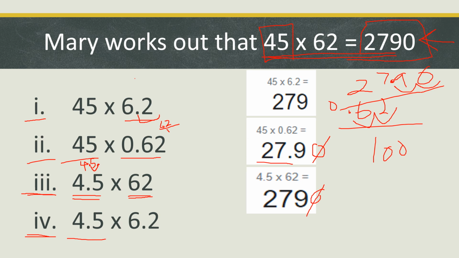4.5 multiplied by 6.2. So as you can see here, 4.5 has been divided by 10. 6.2 has also been divided by 10. So there are actually 2 digits after the decimal point in total.